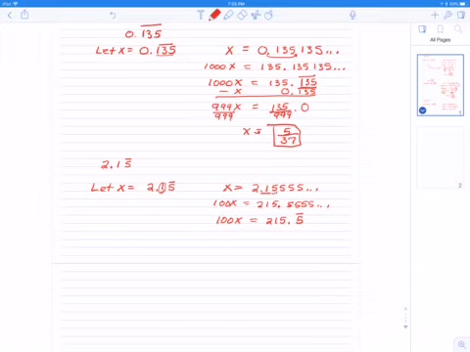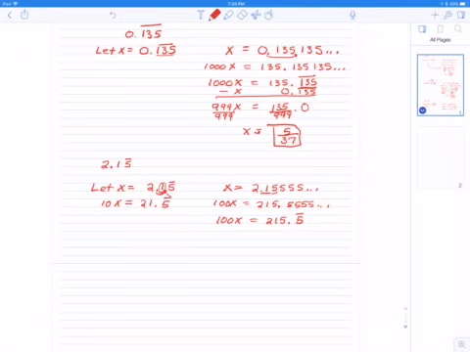So what I'll do is multiply both sides of this new equation by a power of 10 to move that decimal point so the only thing behind the decimal point is the repeating 5. To do that, I need to multiply by 10. 10 moves the decimal point 1 place, 100 moves it 2 places, 1,000 moves it 3 places. So what I'm left with is 21.5 with a bar over it.